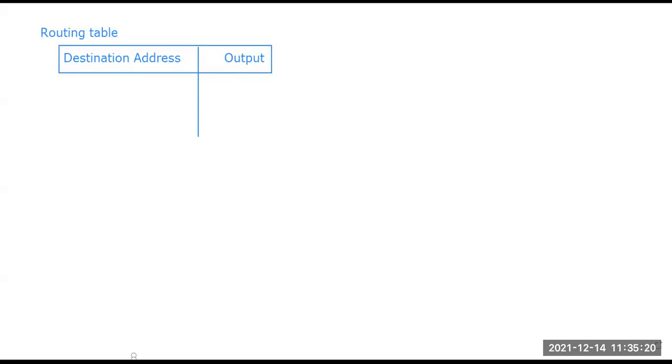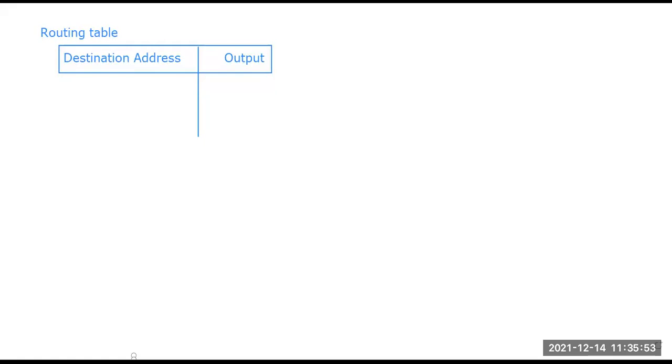The destination address will be entered first, and the data of that particular destination address will go out from a particular port. Suppose four ports are connected to a switch device. From which port the corresponding data for that destination address will go out, that output port needs to be mentioned. So two things are present in our routing table: one is a destination address and the second one is the output port.